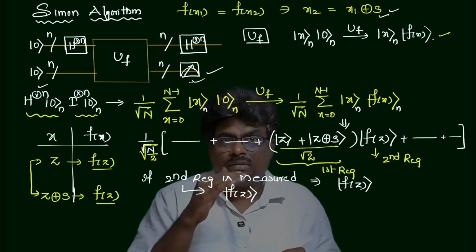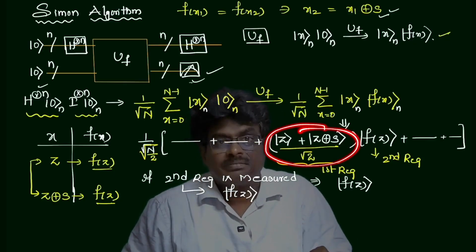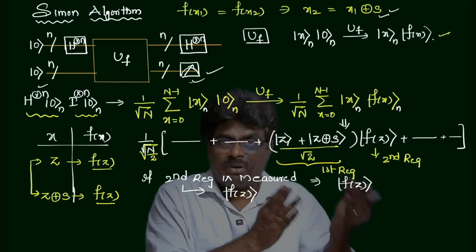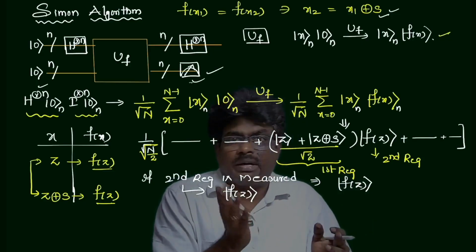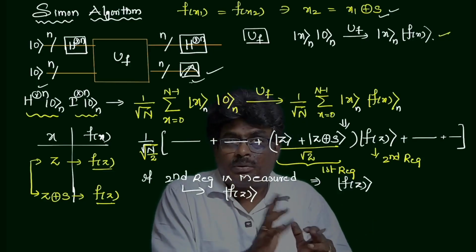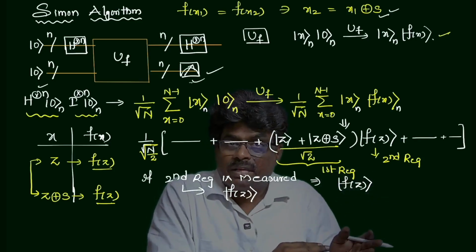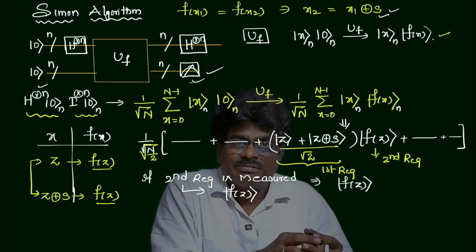Then definitely our first register collapses to this one. Like this, many outputs will be there, some other f of z1, some other f of z2, anything you can take. You may get one doubt: shall I take another combination? Yes, any combination will give you the same answer. No doubt.